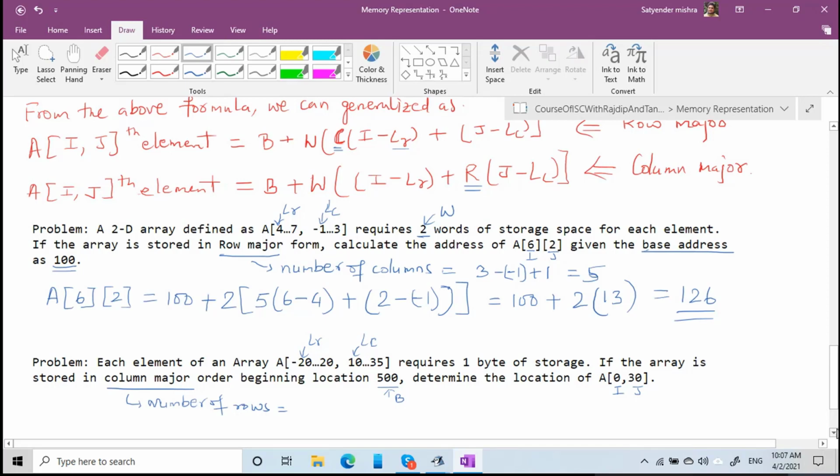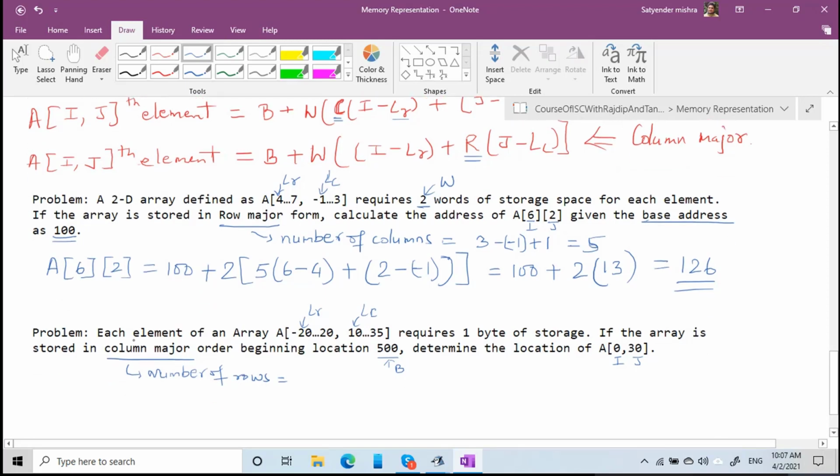Calculating the number of rows is very easy. So minus 20, minus 20 plus 1. So it will become 41. So the number of rows is 41. Right? So now we apply the formula here.